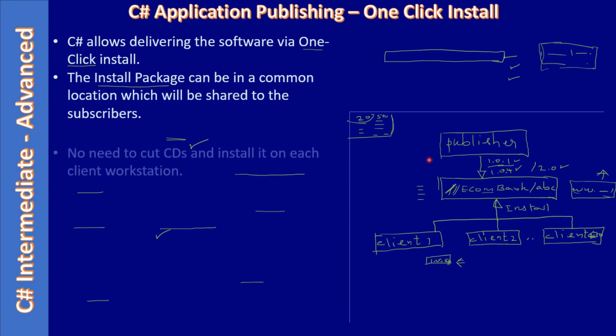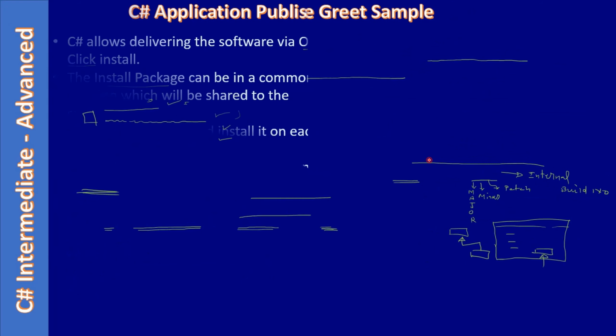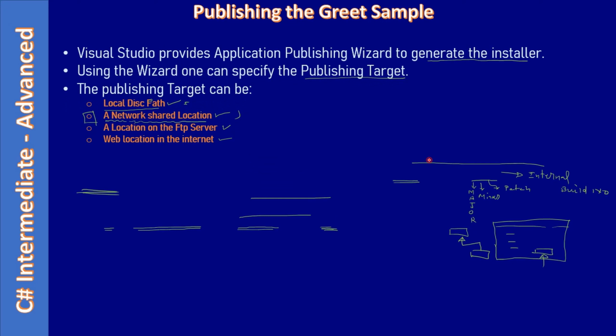So in the very first video, we learned about the basics of one-click install and C# application publishing. In the next video, we created the exe. Then we published it to a network share location.